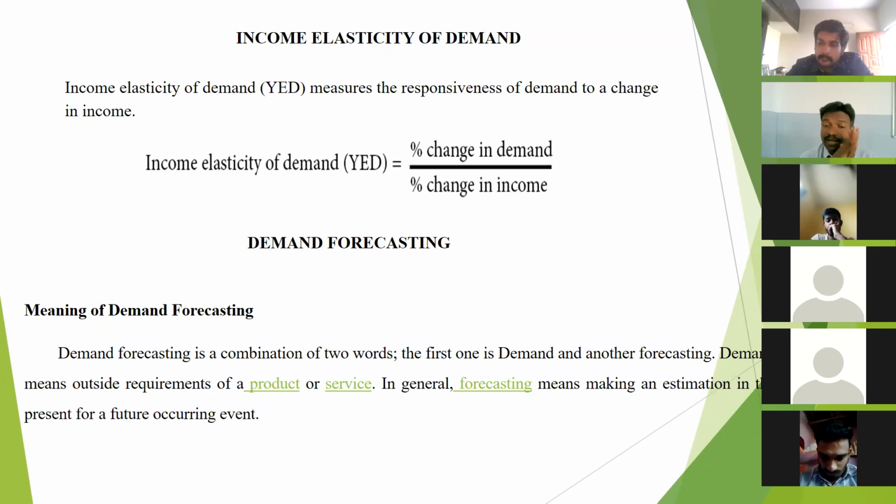Otherwise, we cannot apply the rules. We cannot measure any cause and effect.